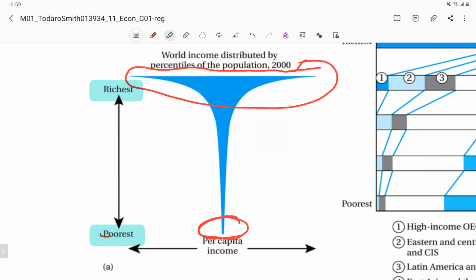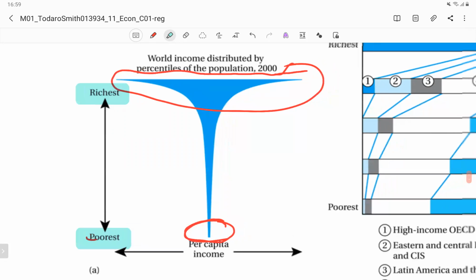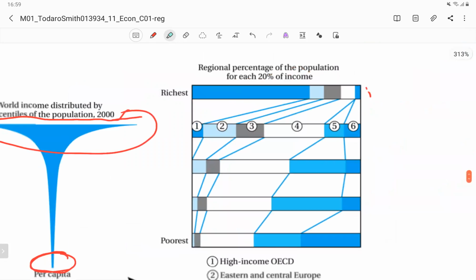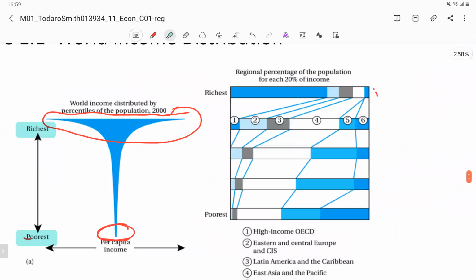The x-axis here is per capita income. It looks like a champagne glass because of how unequal it is. And then at figure B, we can see the regional percentage of population for each 20% of income.